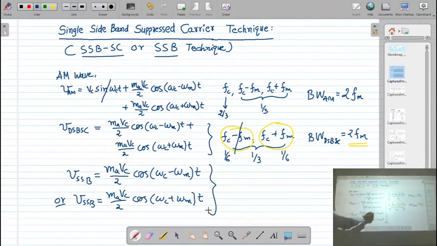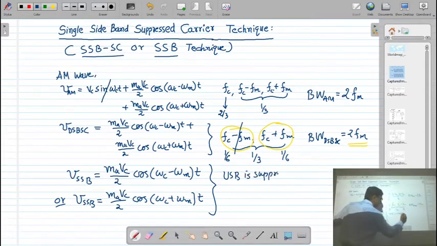So when we write omega c minus omega m, it means the USB is suppressed, the upper sideband frequency is suppressed, and only the lower sideband frequency is transmitted.